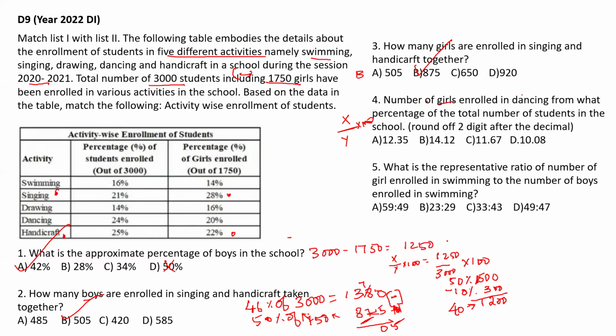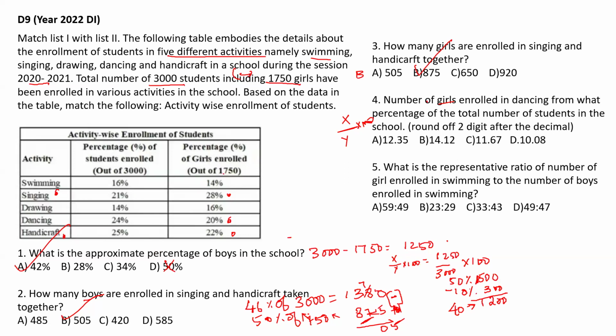So X, enrollment of dance. Students in enrollment of dance is this. So 1750 into 16 percentage. Dance, sorry, I'm seeing drawing. So dance is 20 percentage.